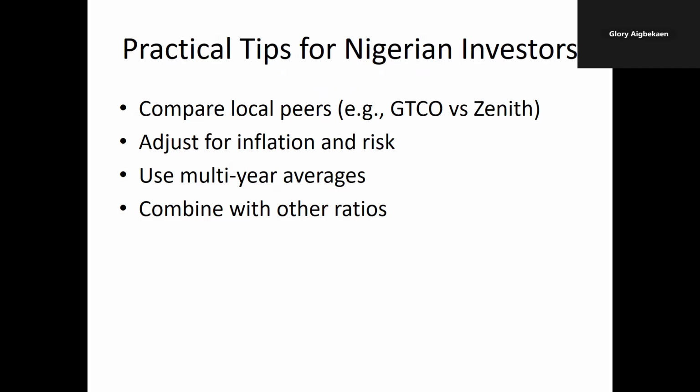But this lesson is on how to use the PE ratio to determine the fair value of a stock. So once you have determined the fair value using the PE ratio, compare that value with values from other models, like the price to book, price to sales, price to cash flow, and the discounted cash flow model.